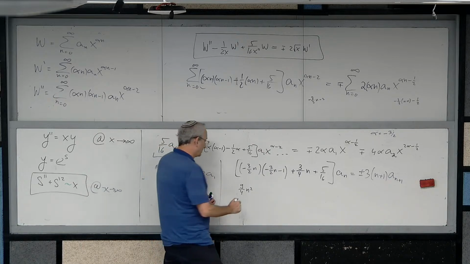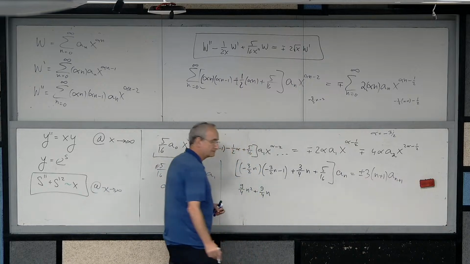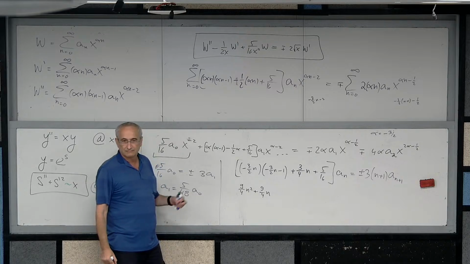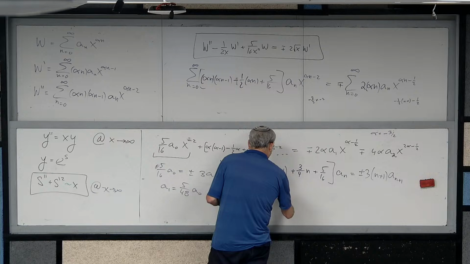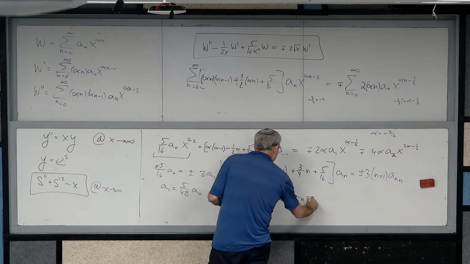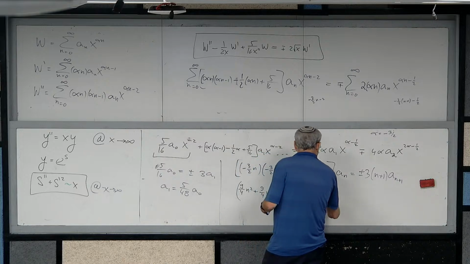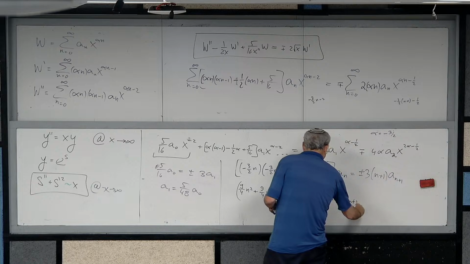So we have actually plus 9/4 of n. Just algebra. Plus 5 over 16 a_n is equal to plus minus 3 (n plus 1) a_(n+1).